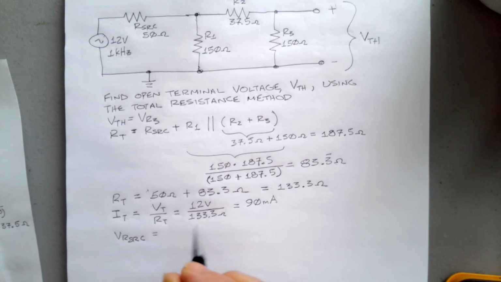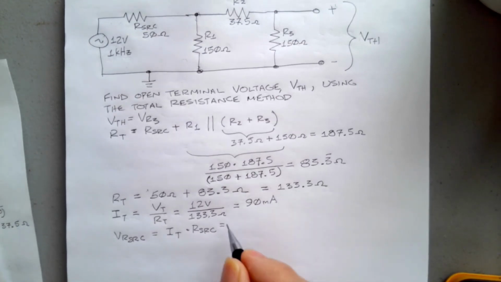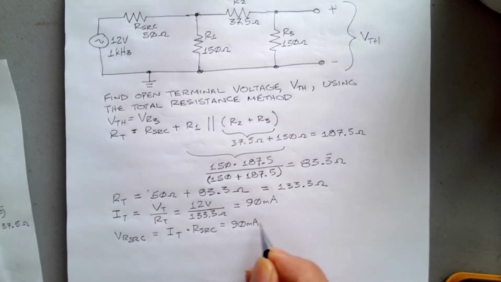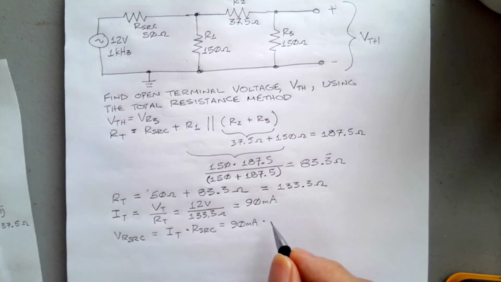And that's going to be equal to I total, which is the same as I R source, times R source, which is going to be equal to 90 milliamps times 50 ohms.